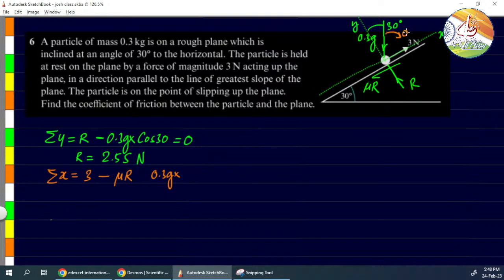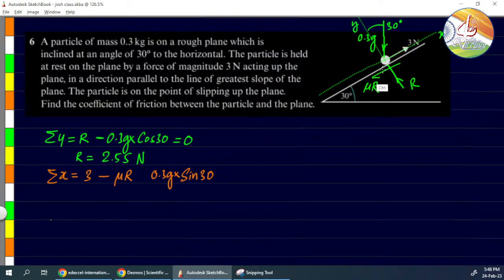This one is going opposite now. Opposite means sine or cos? It's sine now. The force times sine 30 will give us the horizontal x component.